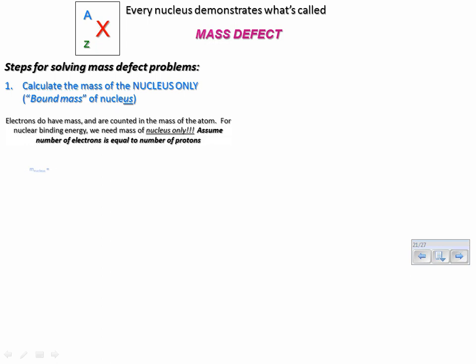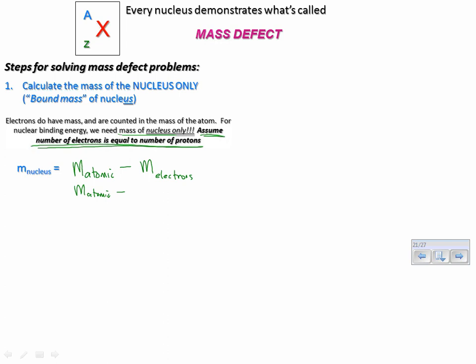So I would do M atomic minus m of electrons. What's the mass of the electrons? Assume the number of electrons is equal to the number of protons, that they're neutral atoms.